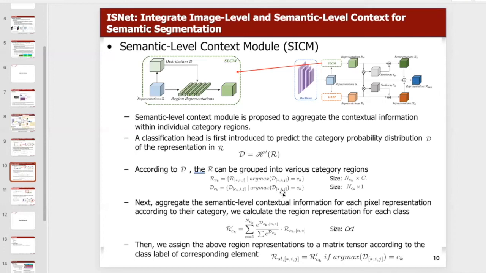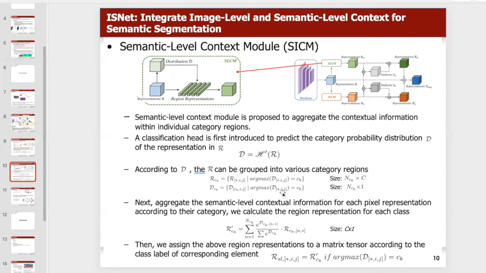Because D sub CK IJ, I get it, because with the argmax, you know that particular pixel is for C sub K, right? Yeah. And so D sub CK has a value of the C sub K, right? Yeah. But on R sub CK, I have no idea what you assign here, because it says R star IJ, right? What's the value of R sub CK?